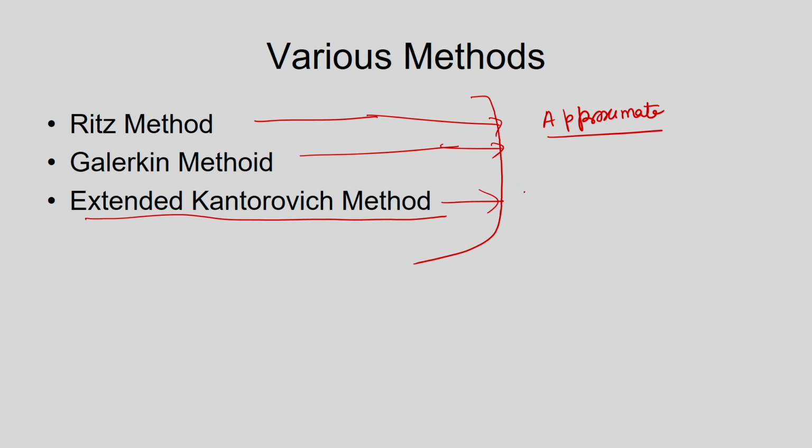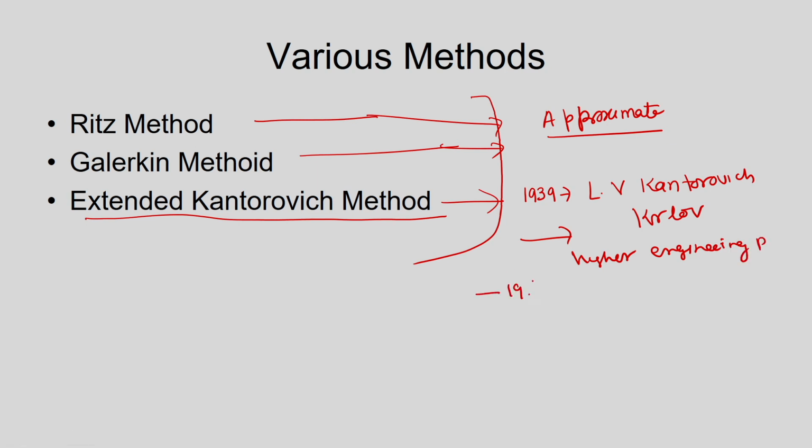Though this method was first proposed in 1939 by L.V. Kantorovich and Krylov in a book of higher engineering mathematics, which was initially published in Russian and in 1964 or 1968 was published in English.